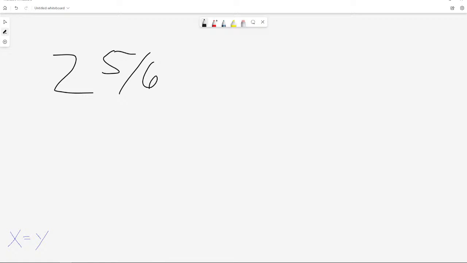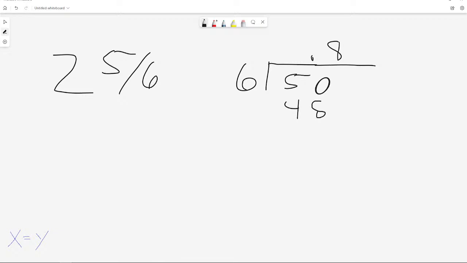So remember, first we want to convert that fraction. So we'll use long division. 6 into 5, that doesn't work. So let's draw a decimal, make it 6 into 50. And we know 6 goes into 50 8 times. 48. That makes 20.